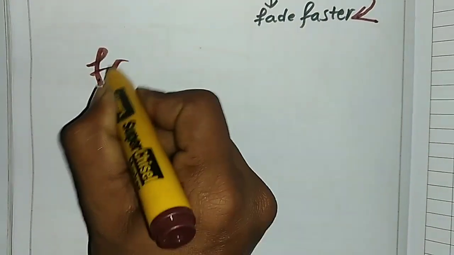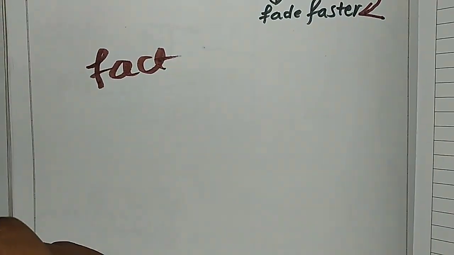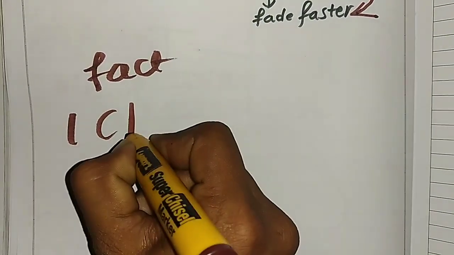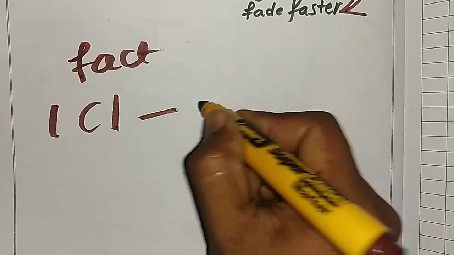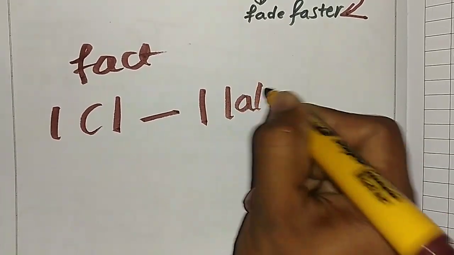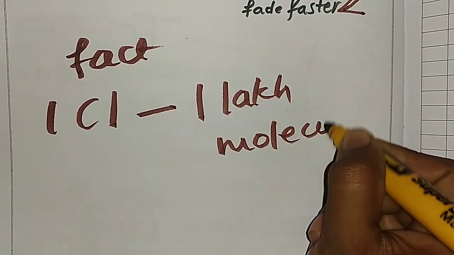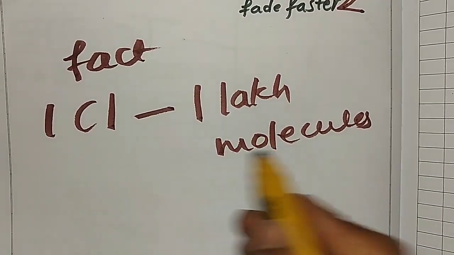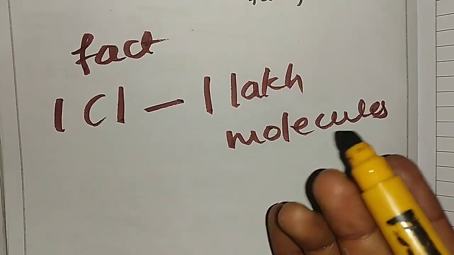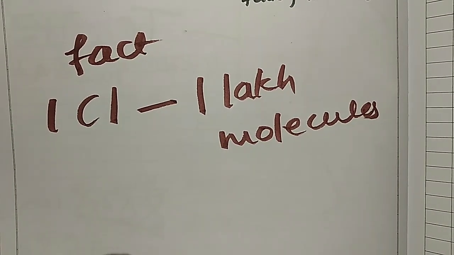Do you know one fact about ozone layer depletion? One chlorine atom can destroy 1 lakh ozone molecules. Remember how dangerous it is for us.